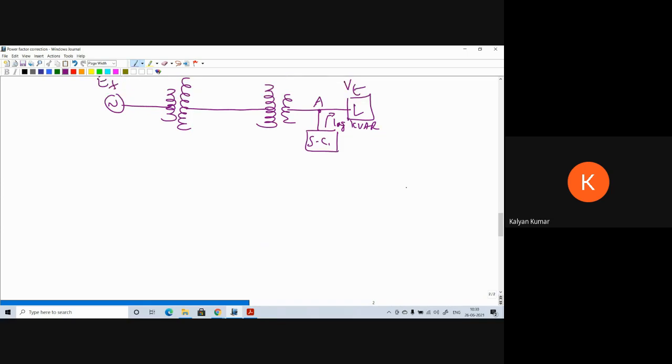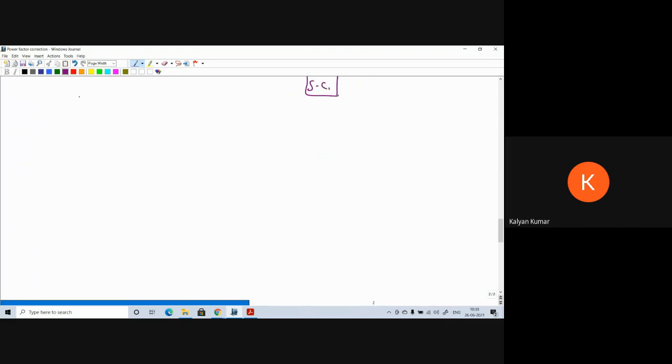As the lagging kVAR is supplied at the load center itself, the generating station need not supply the lagging kVAR. As a result, the I sin phi component is not there in the line current, and the current will become in phase with the voltage.